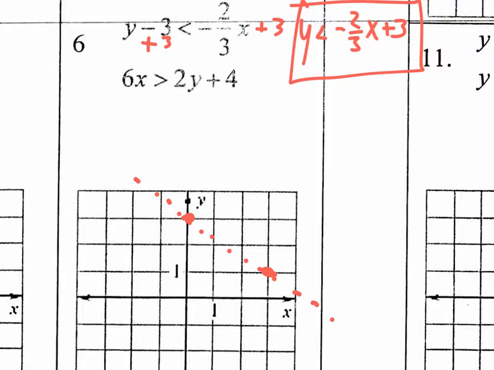Okay. And the other one, I need to get y by itself. So this is a little weird because y is on the right side. So you're going to have to move things around. I want to subtract 4. Subtract 4. I'll have 6x take away 4 is greater than 2y. And then I'm going to get the y by itself by dividing everything by 2.